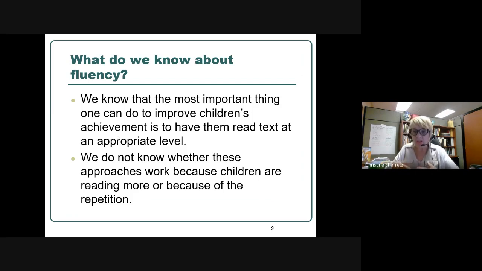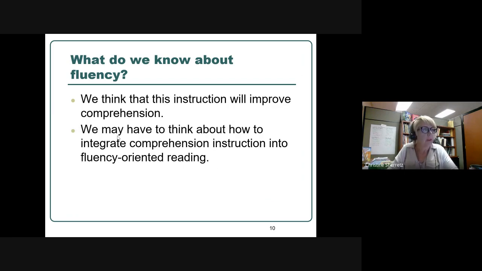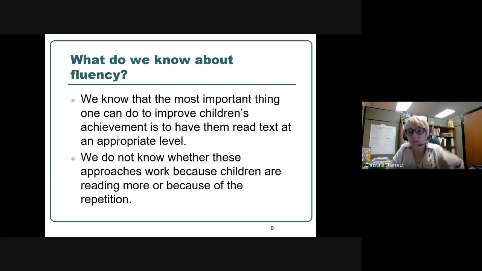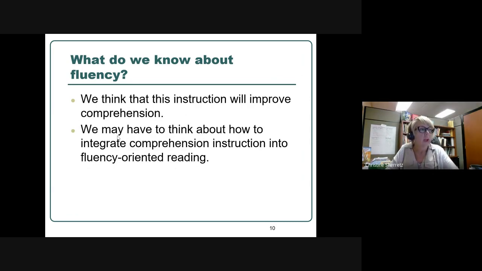So when you're having kids read for fluency, you don't want them to read books that are too difficult for them, because then they're struggling with decoding. We also know that repetition is good. Repeated readings are good to help with fluency. And we think that instruction will improve comprehension. We may have to think about how to integrate comprehension instruction into fluency-oriented reading.